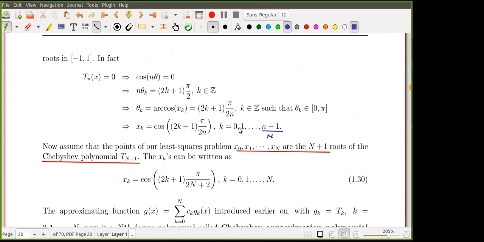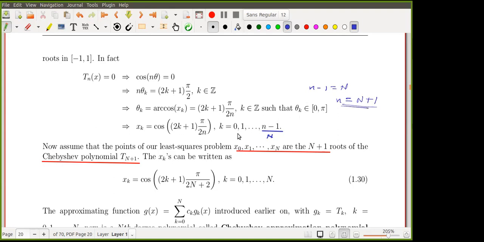If you have capital N plus 1 roots, it means that the corresponding polynomial. Actually, if n minus 1 is equal to capital N, we can find that n is capital N plus 1.